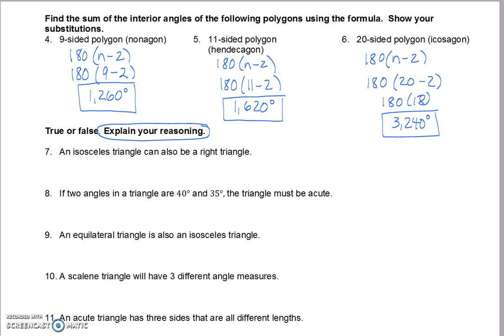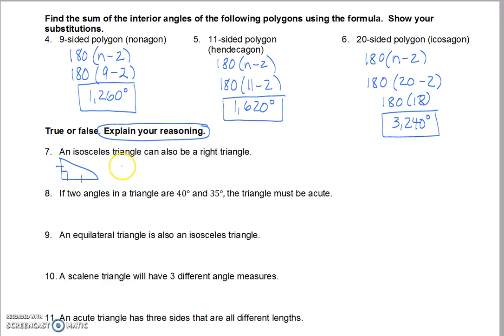An isosceles triangle can also be a right triangle. So now you need to think, is this true or is this false? Isosceles means that 2 sides are congruent. So I'm just going to sketch this. When I sketch, I'm going to include everything that's in the image, and I have to sit here and think about this.